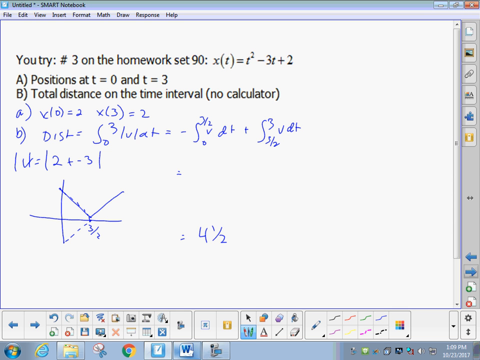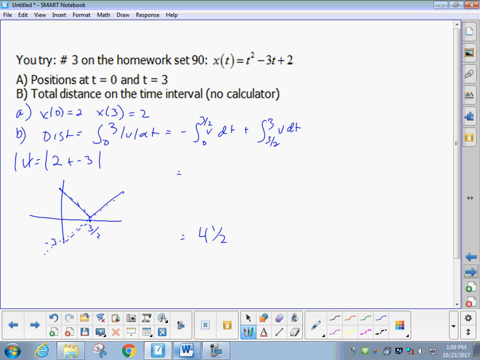I'm sorry. First, do you agree that we need to analyze how it's moving backward and forward? Yes. Okay. Do you agree that velocity is 0 at 3/2? Yes. Do you agree that the absolute value means that instead of a normal line with a y-intercept at -3 and a slope of 2, it's flipping up before 3/2?